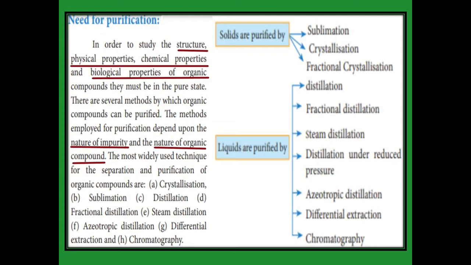Solids are purified by sublimation, crystallization, fractional crystallization. Liquids are purified by seven methods: distillation, fractional distillation, steam distillation, distillation under reduced pressure, azeotropic distillation, differential extraction and chromatography. Today we are going to see these methods.